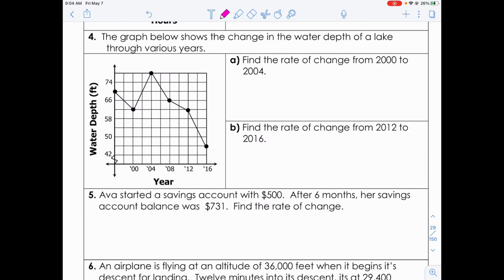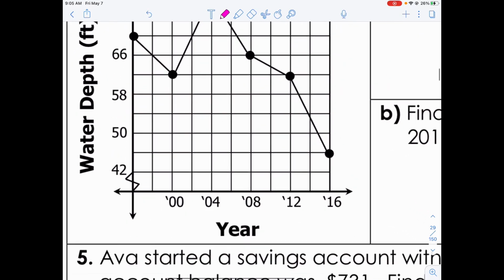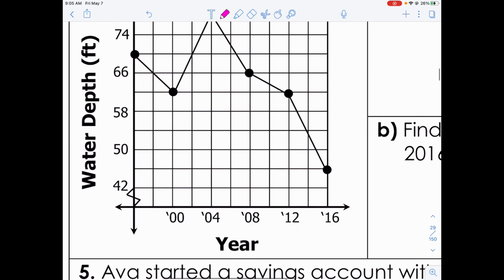All right, so looking at this, I am going to go ahead and list out some of my ordered pairs that I need. So this is in years, so I know that this is year 2000. And then the y value for that year is halfway between 58 and 66.